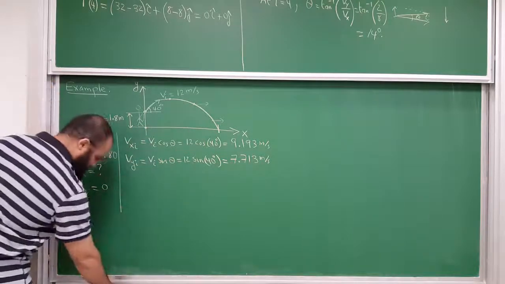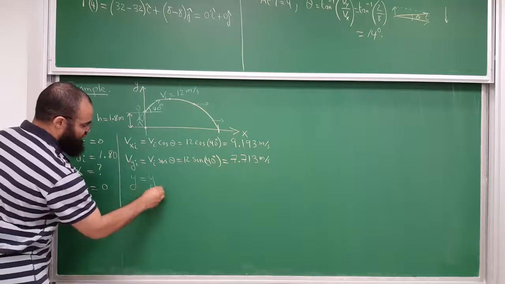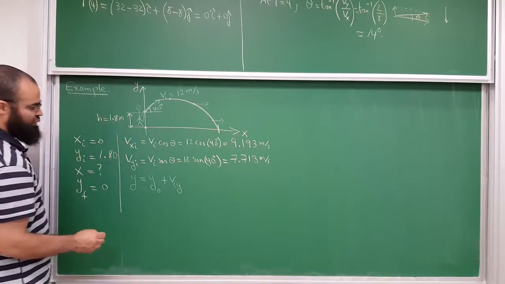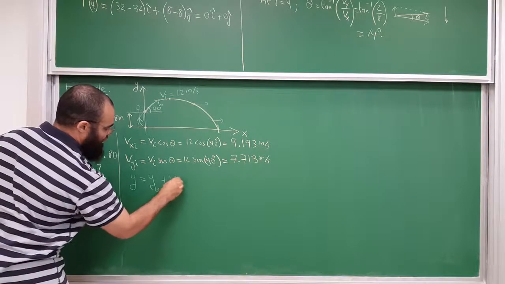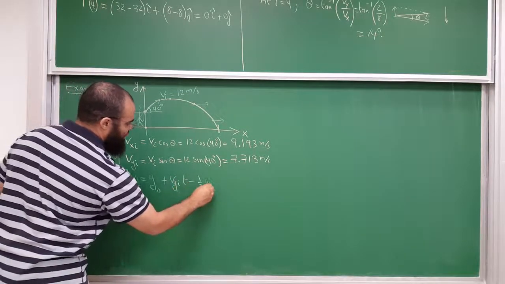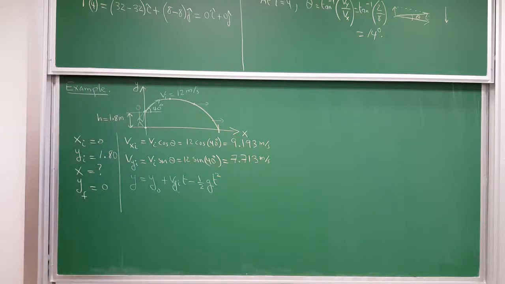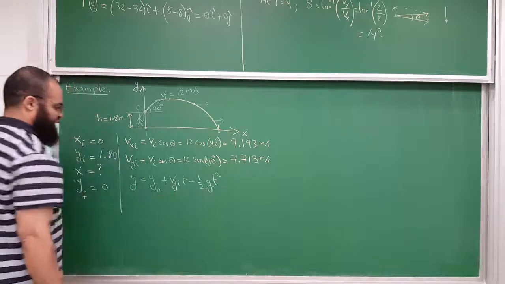So I would say, I know that y final is equal to y initial plus Vy initial times the time minus 1/2 gt squared. That's one of our equations of kinematics. And g is 9.8.